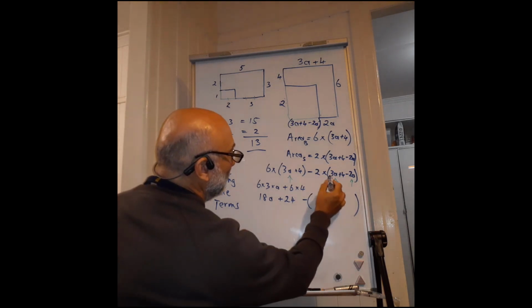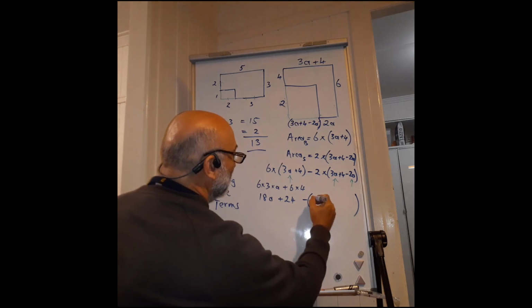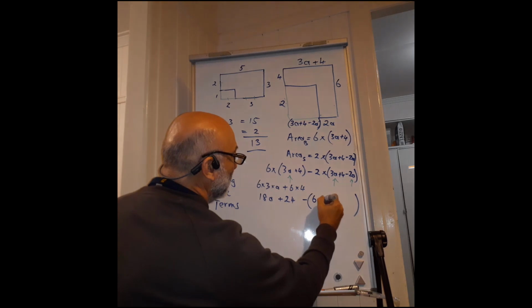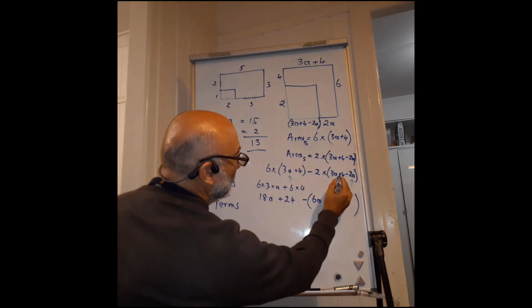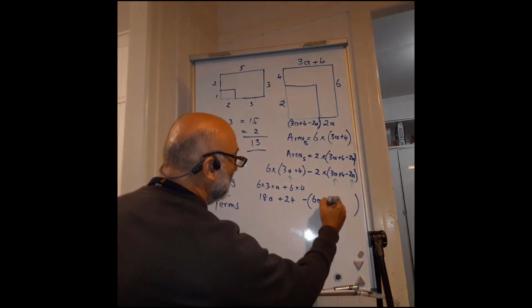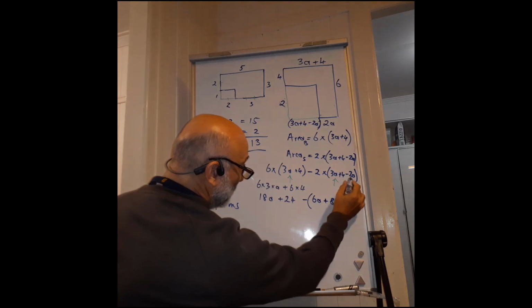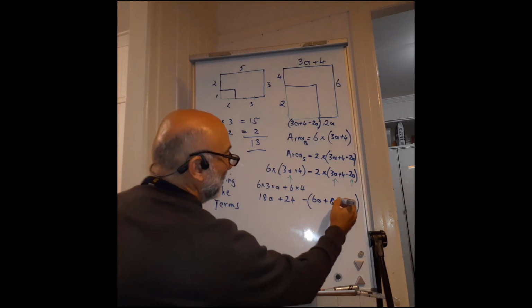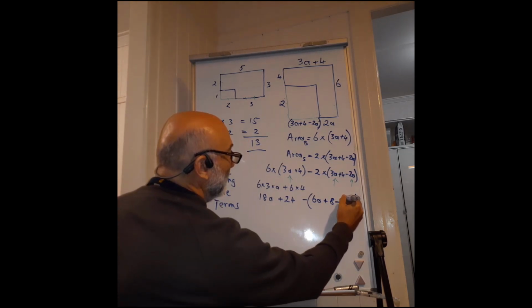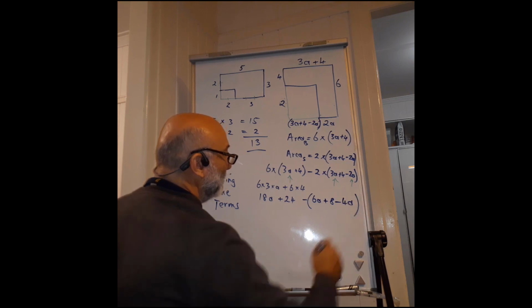Okay, so this 2 times 3a is, let's do it a bit quicker here, so that's 6a, and then 2 times 4 is 8, and this 2 times minus 2a, so that'll be minus 4a.